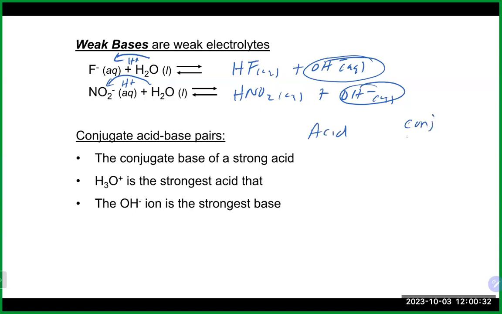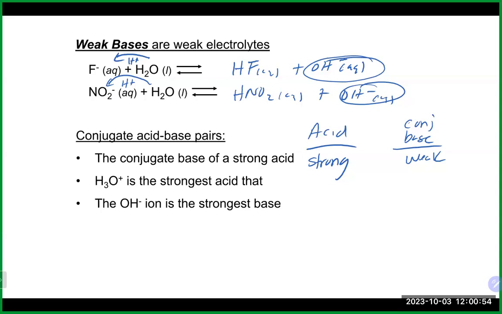So for example, conjugate base. If you have a strong acid, its conjugate base will be relatively weak. And what that means, as we'll talk about in this chapter, is it will pretty much be sort of neutral. You can kind of think of it, it will not continue to react.